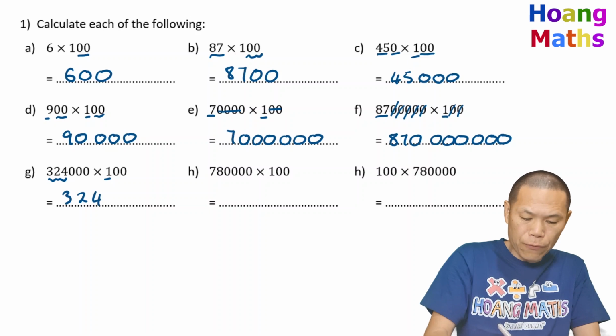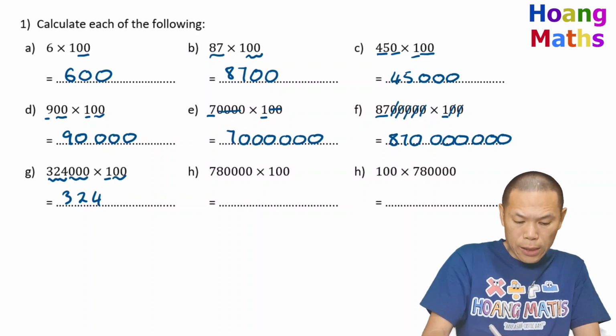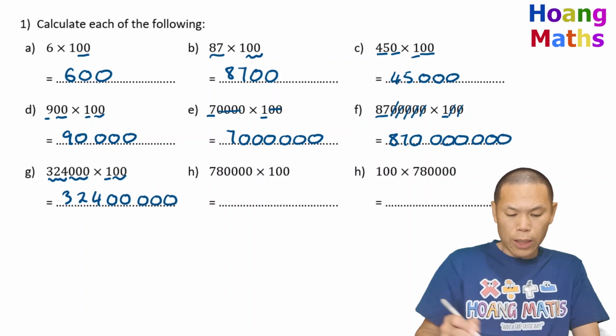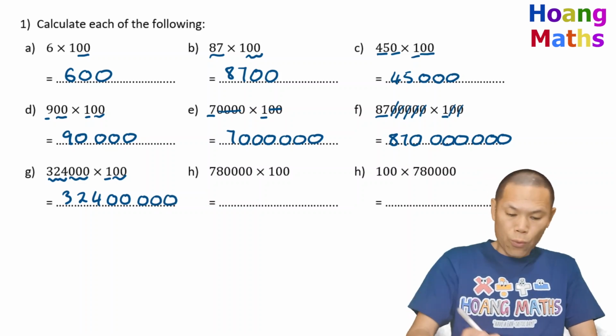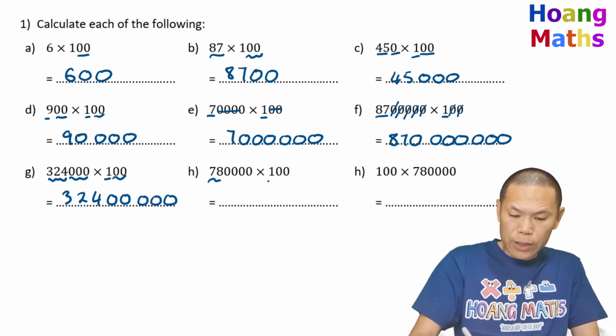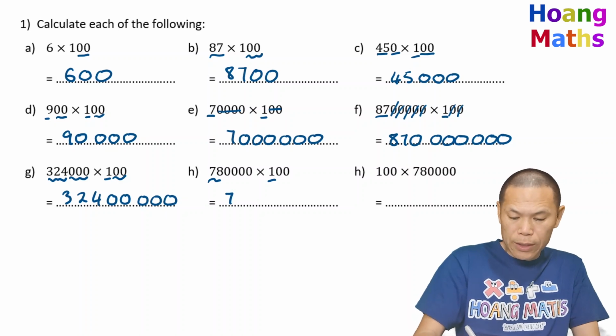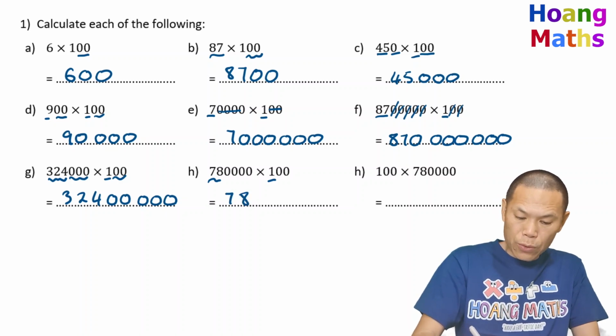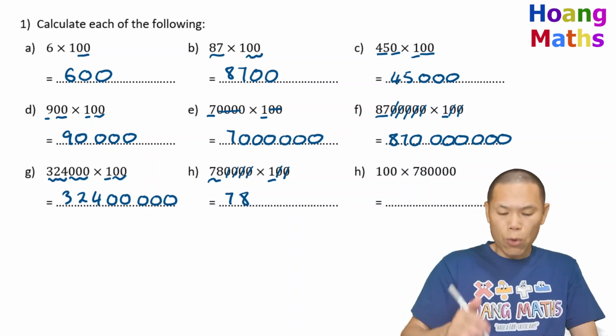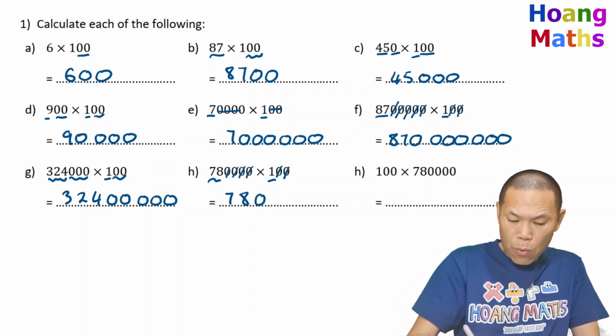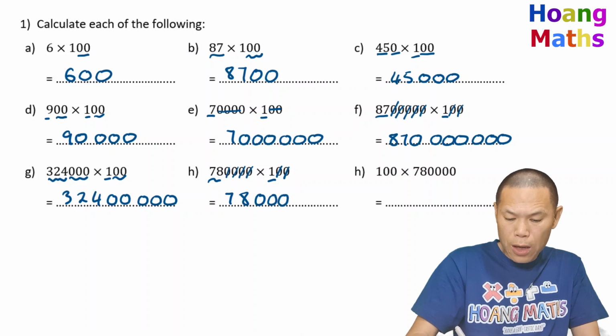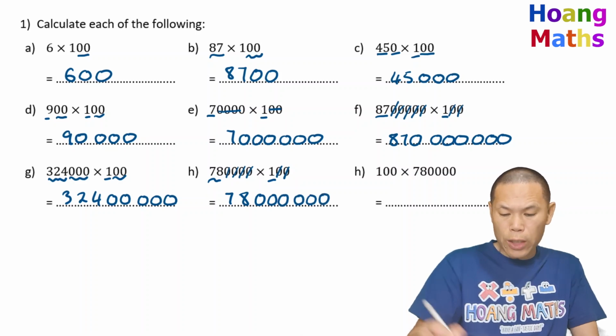And we have 5 zeros all together. So there you go. We have 78 times 1, so we have 78. And we have 1, 2, 3, 4, 5, 6, so 6 zeros altogether, which is right.